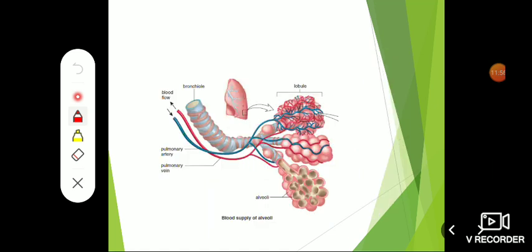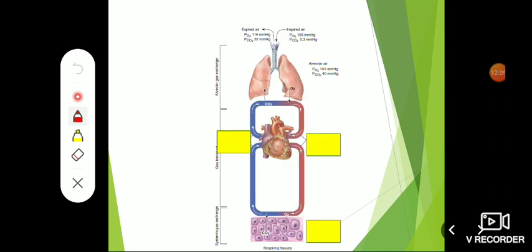Now in this diagram you can see constantly air is coming and here is the actual exchange taking place. So here I have shown the partial pressure at different levels. Already we have noted this inspired air, we have noted the alveolar air. Now inside the blood what is happening?